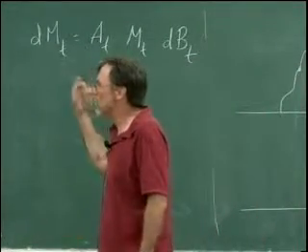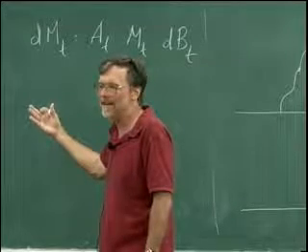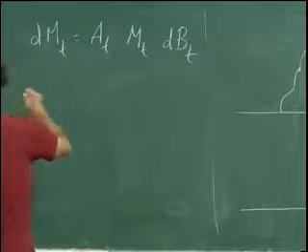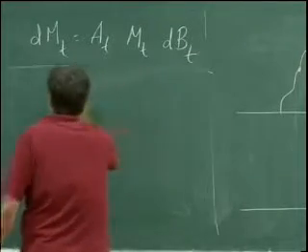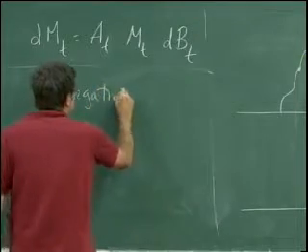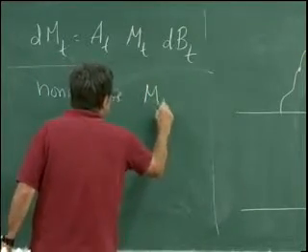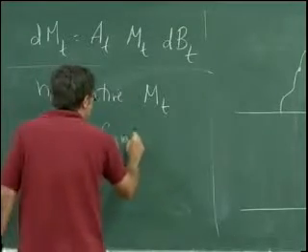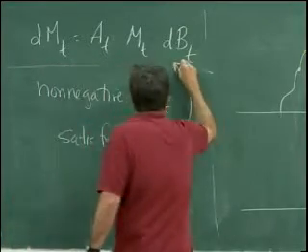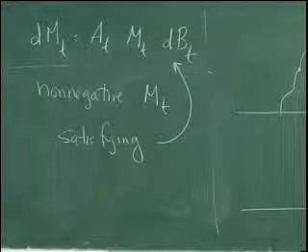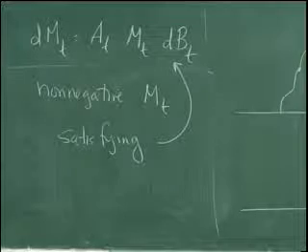The martingales we're going to be dealing with are non-negative. So this is an example. This is a non-negative martingale. So let's assume we have a non-negative M_t satisfying this.